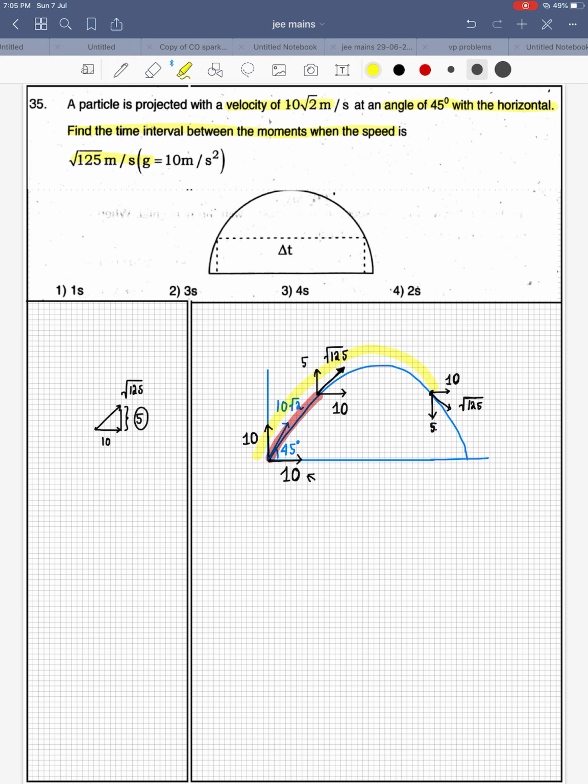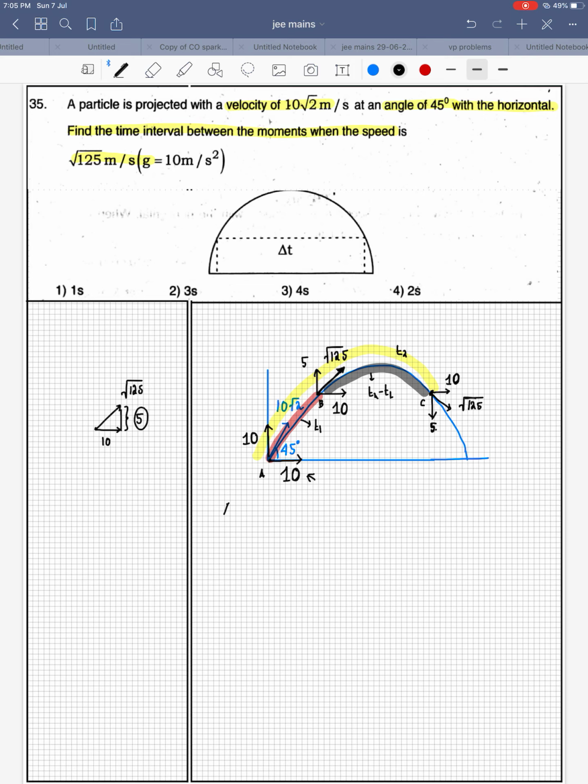Then I will subtract both the times to get the time interval. If the first time is t1 and the second is t2, the required time interval is t2 minus t1.